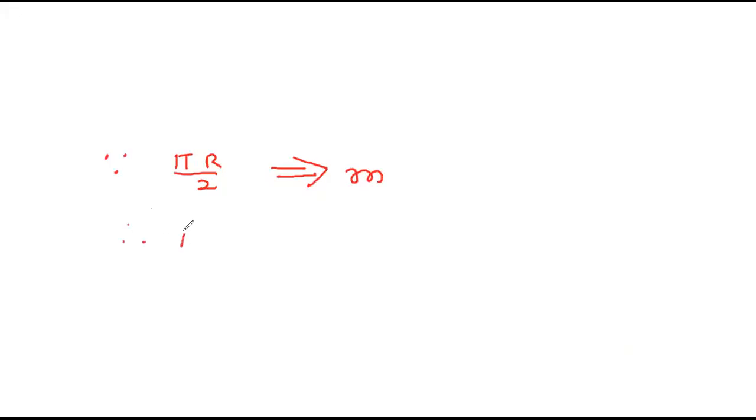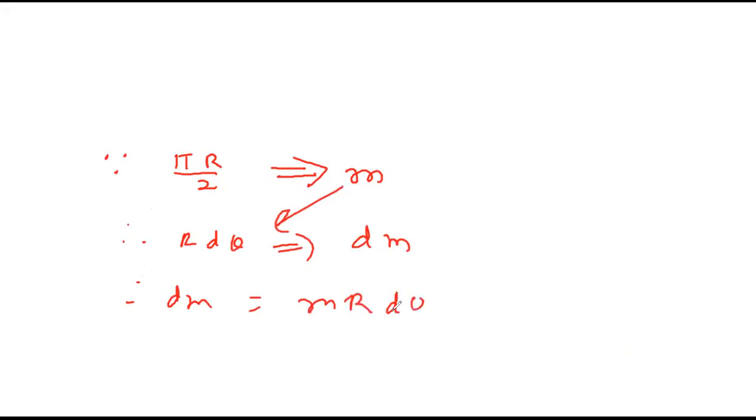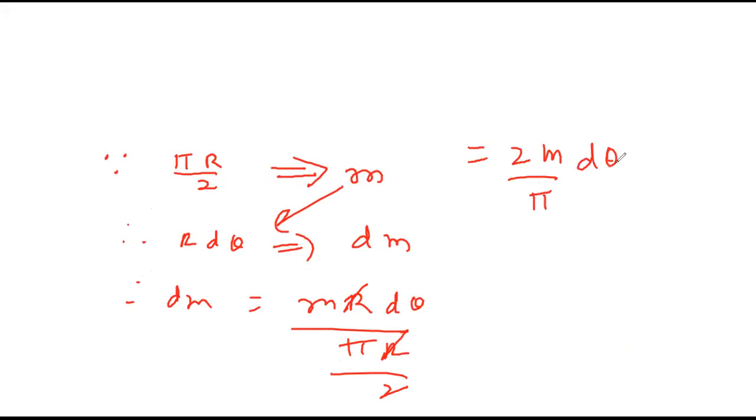So our arc r d theta has mass dm. So I can say dm will be m cross multiplying by the unitary method: m r d theta upon pi r by 2. This r will get cancelled, so it will become 2m upon pi into d theta. So mass dm is obtained as 2m upon pi d theta.